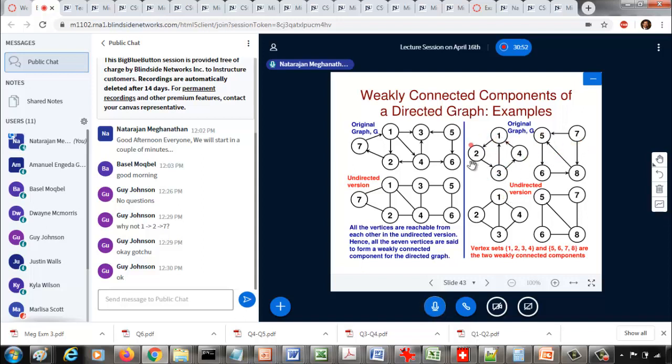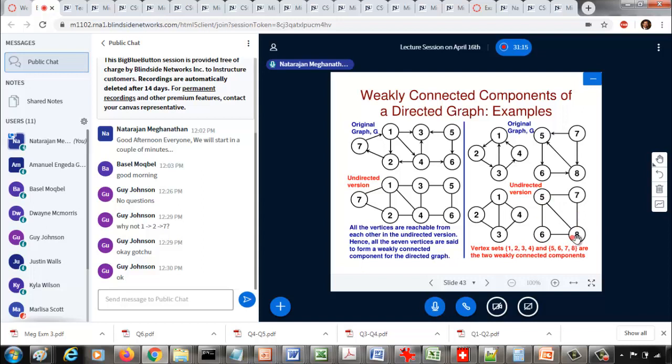These 8 vertices form one directed graph, and this is the undirected version of that directed graph. All 8 vertices are part of one graph, but they form 2 weakly connected components. 1, 2, 3, 4 is one weakly connected component, and 5, 6, 7, 8 is another.